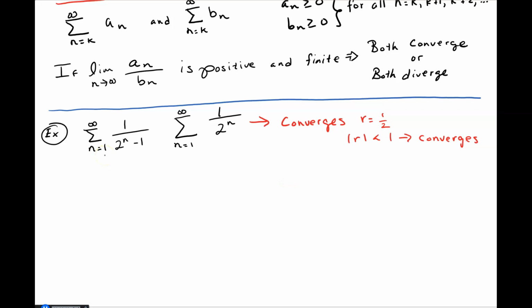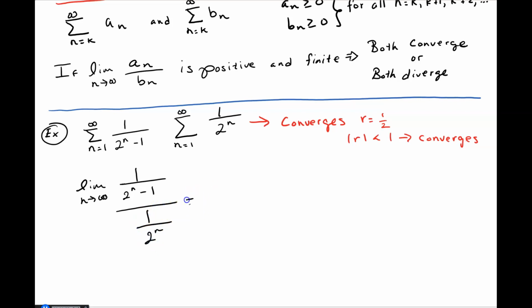Let's take a look at this example. Let's find the limit as n goes to infinity of 1 over 2 to the n minus 1, over 1 over 2 to the n.